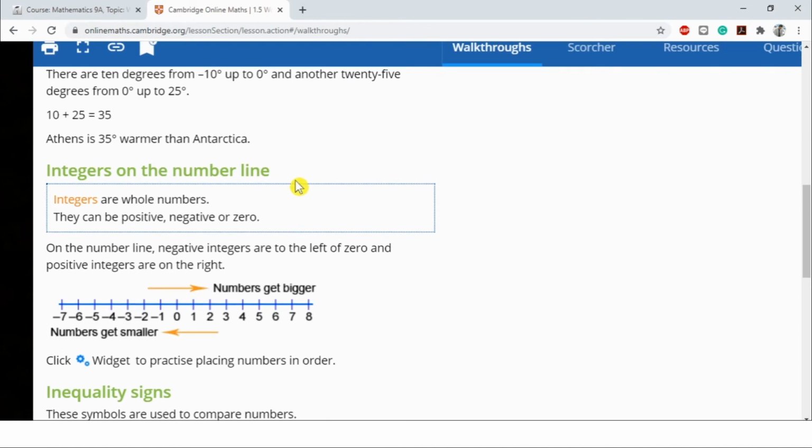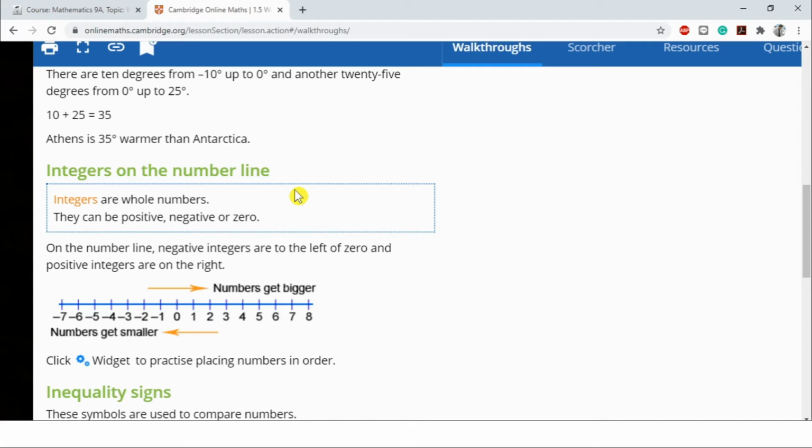Next, we can also represent directed numbers on number lines. Commonly we call these directed numbers integers when they are on a number line. Integers are whole numbers and they can be positive, negative, or zero.